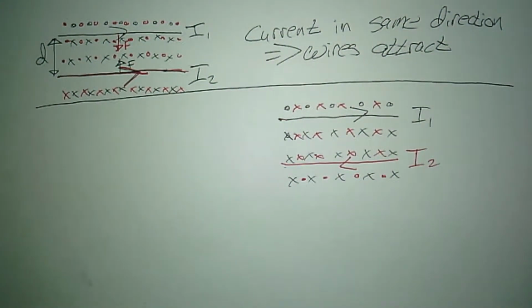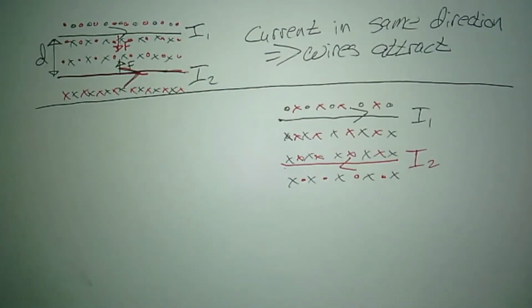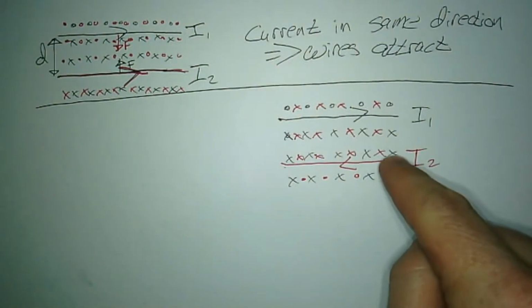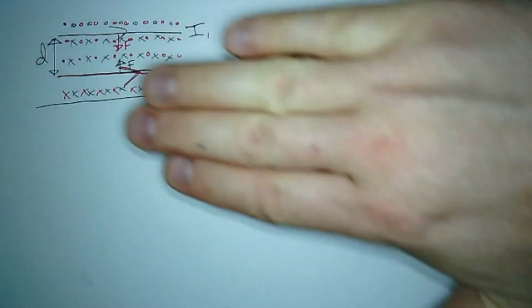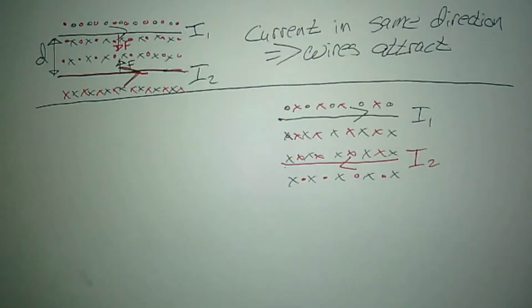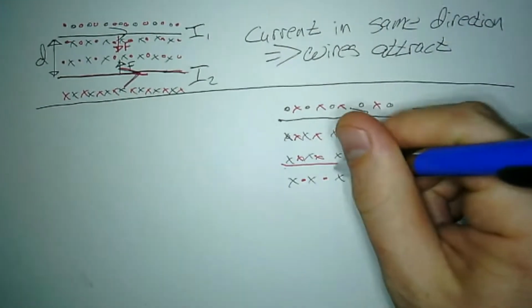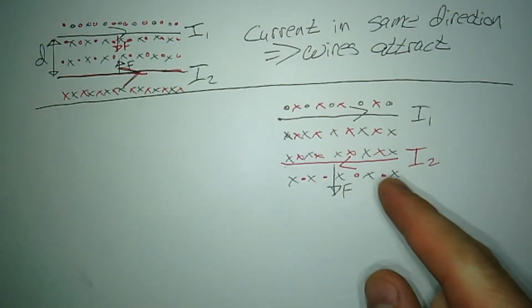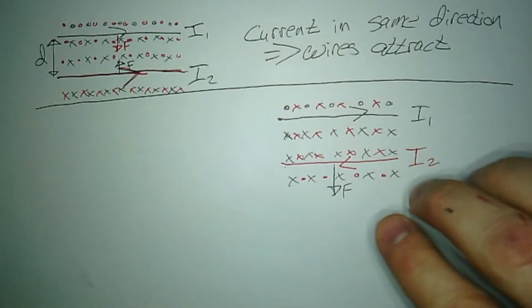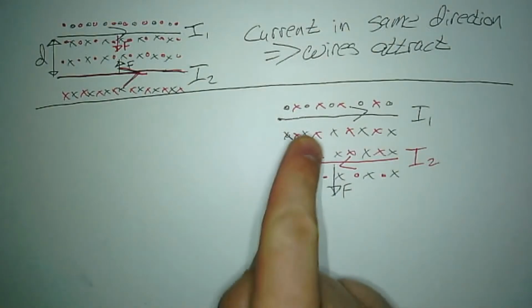So now once we look at the forces again, this bottom wire, my wire is the red wire, but I want to look at the field from the other wire on it. So I want to look at the black field. My palm is going to go into the page because the magnetic field's into the page, and the current's to the left. So my thumb points down, and we are going to get a downward force. And in my other wire, my current is pointing into the page as well, and my current is heading to the right.